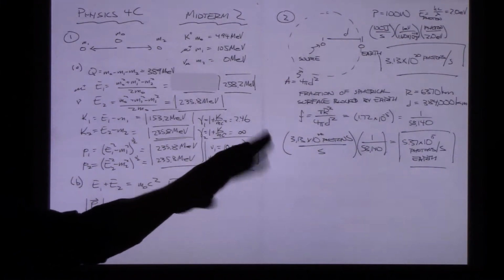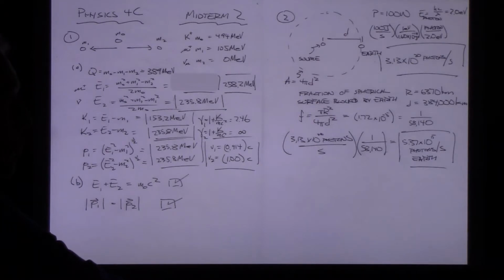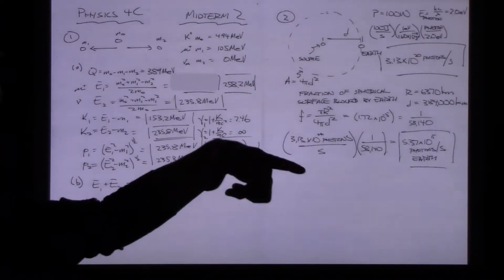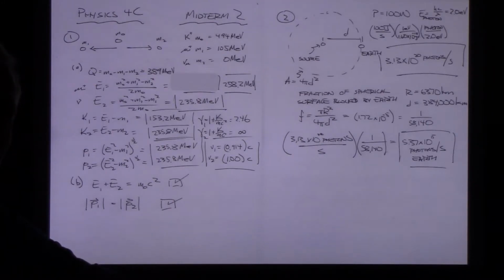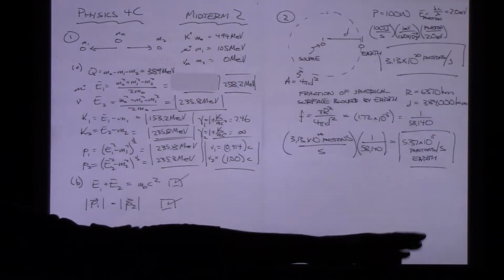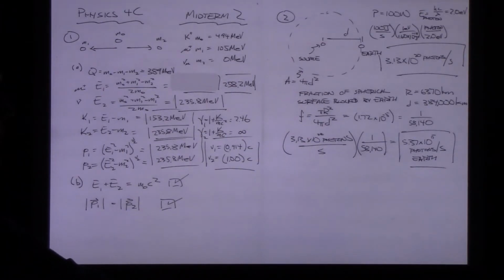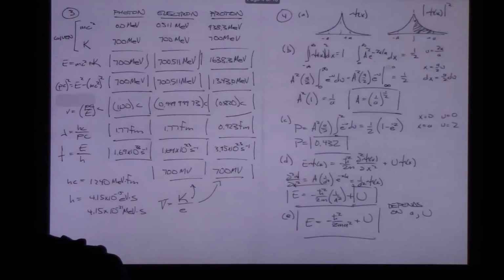It might be down in the small numbers, maybe 5 or 10 or 50 photons hitting each square meter of Earth every second from this one light bulb that's 384,000 kilometers away. So an interesting question to follow up on.